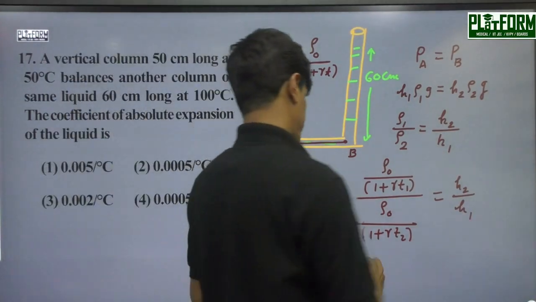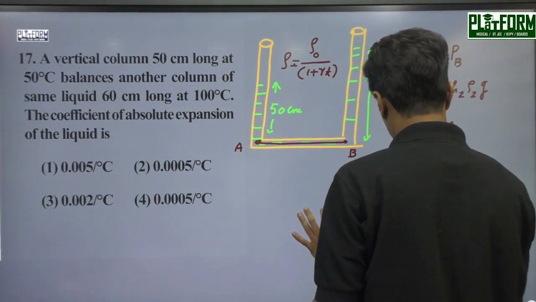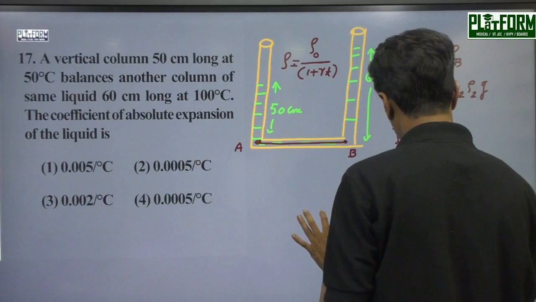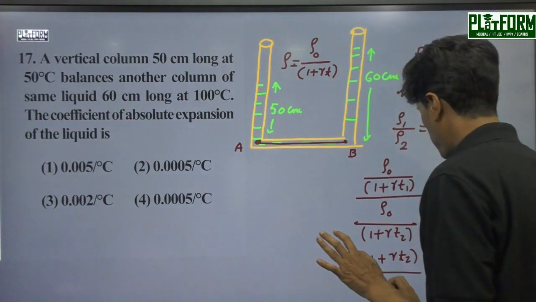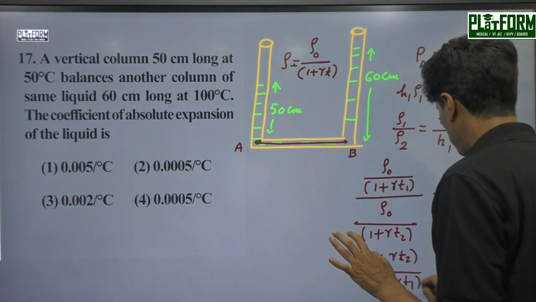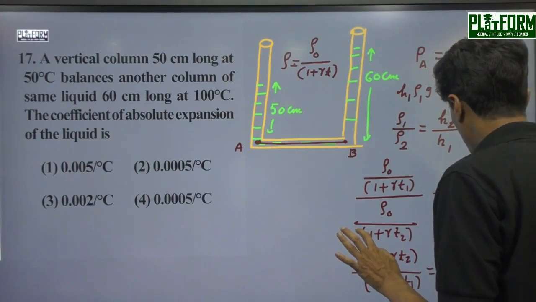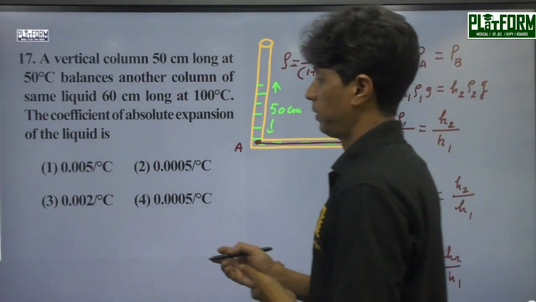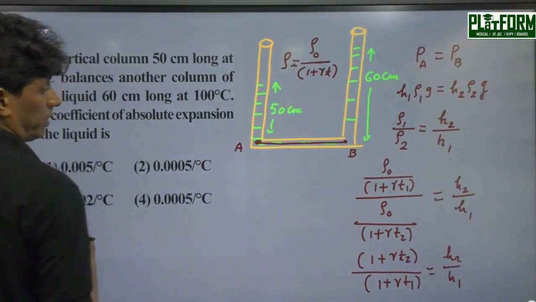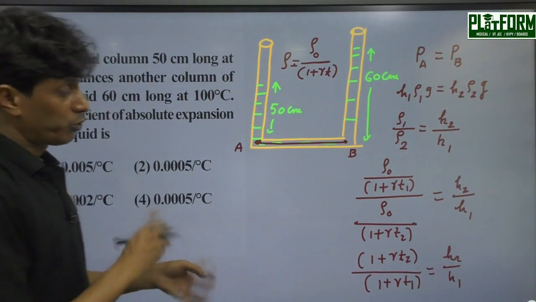And finally, 1 plus gamma T2 by 1 plus gamma T1 equal to H2 by H1. Now we have to put the values.